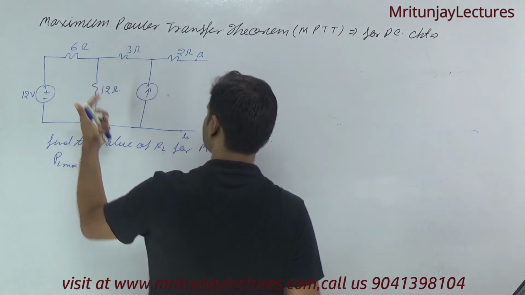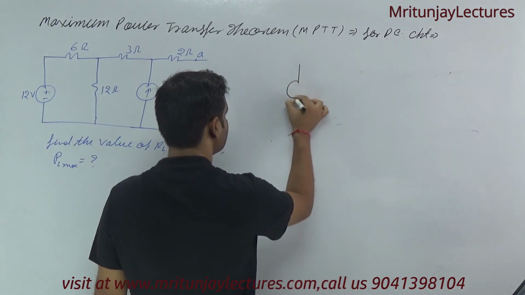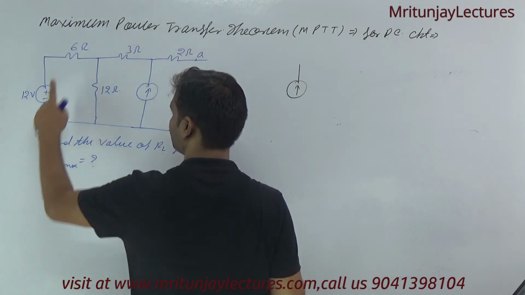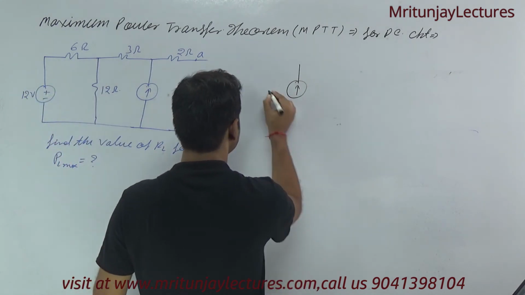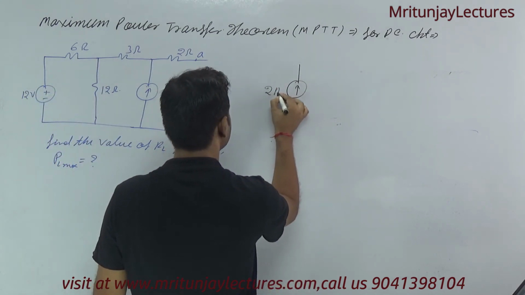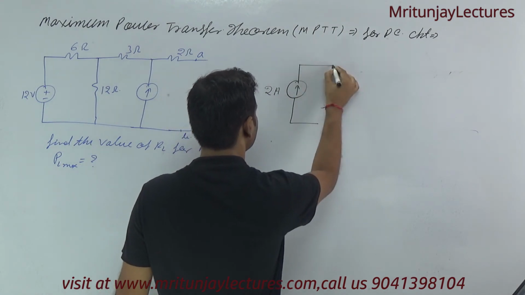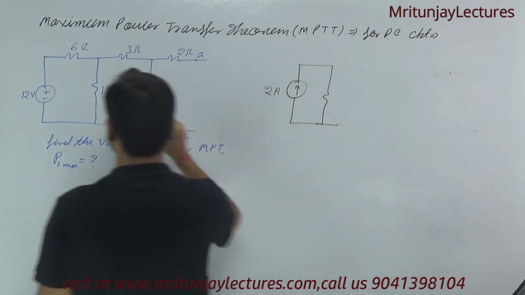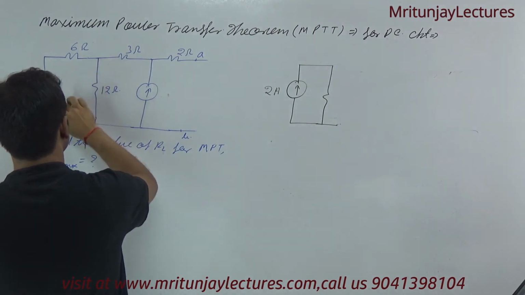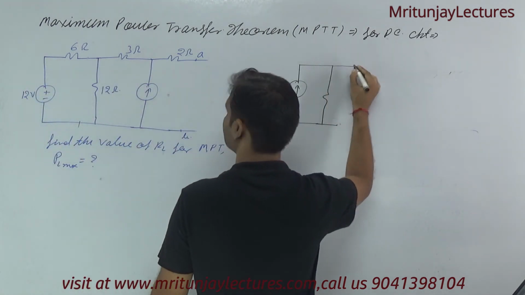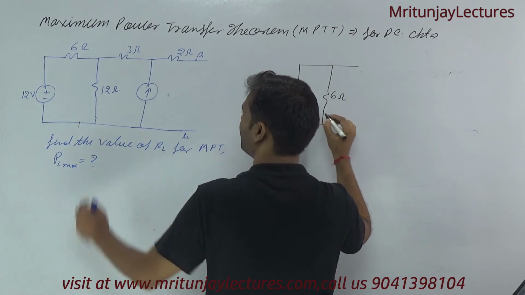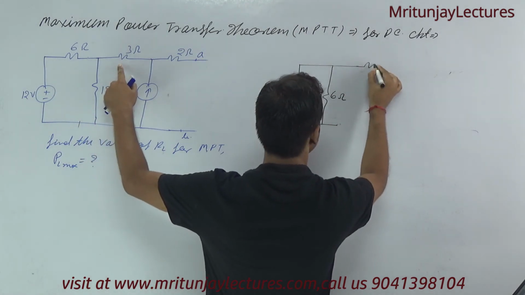This is 12 and that is 6. With the help of source transformation, what about current? 12 divided by 6, that is 2 ampere. Clear? And this one represents, corresponding to that terminal, 6 ohm. Now here that is 3 ohm.